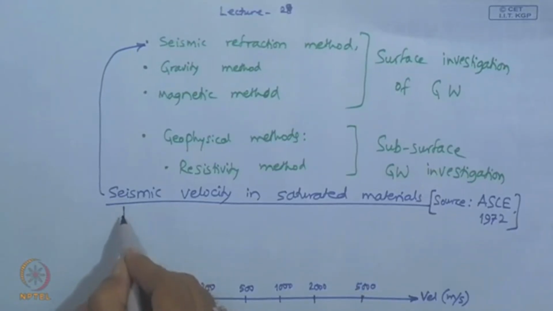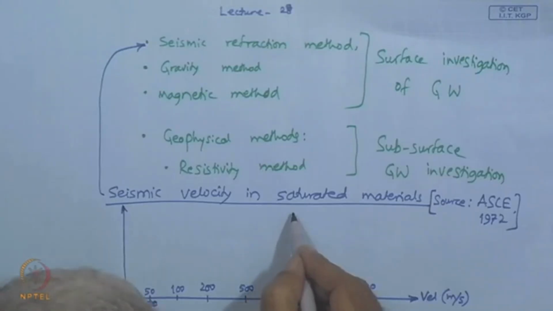This is the horizontal scale, and on the vertical scale we represent the different saturated materials. In the case of saturated material the seismic velocity is more than 1000 meters per second.